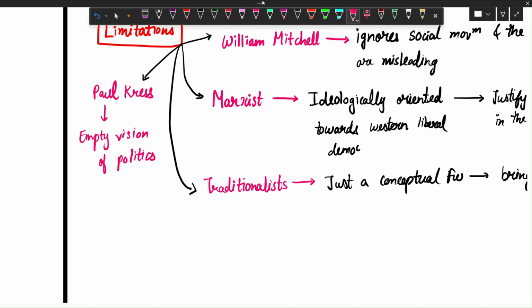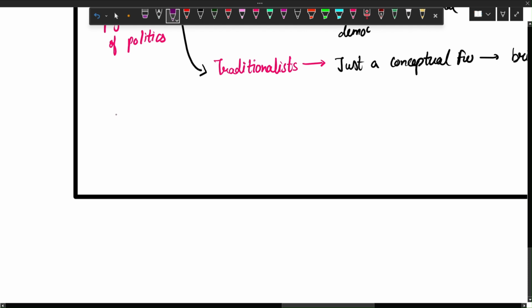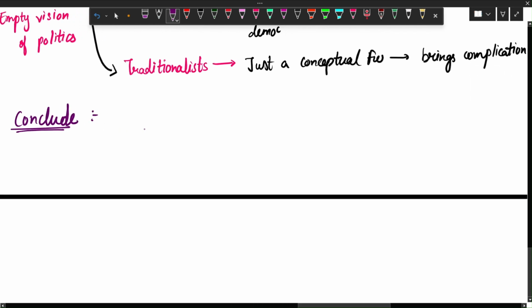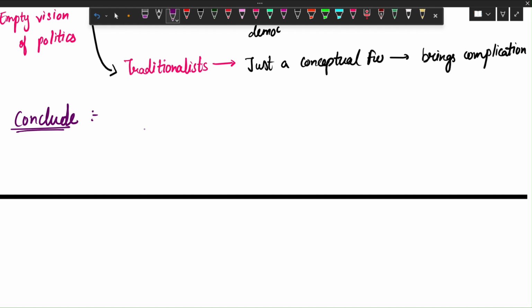Another scholar, Paul Kress, also criticized the systems approach for having an empty vision of politics. So here the limitations end.